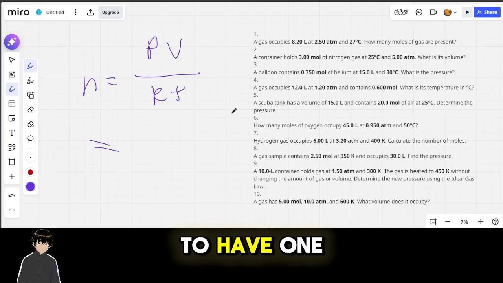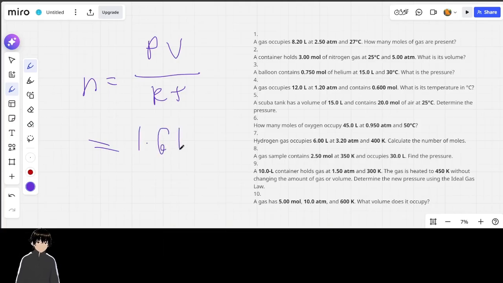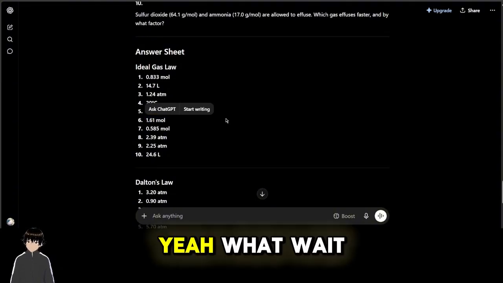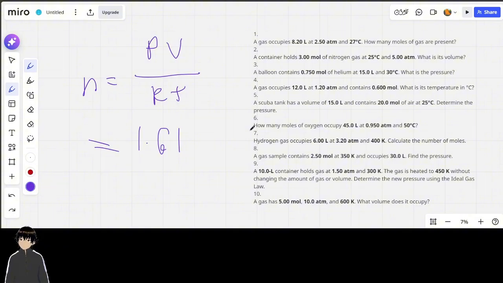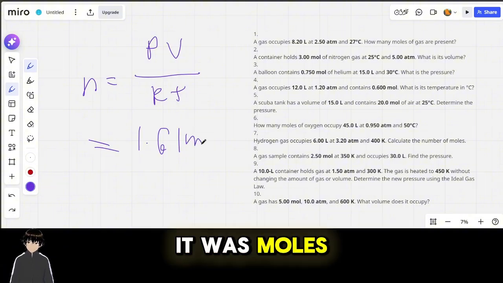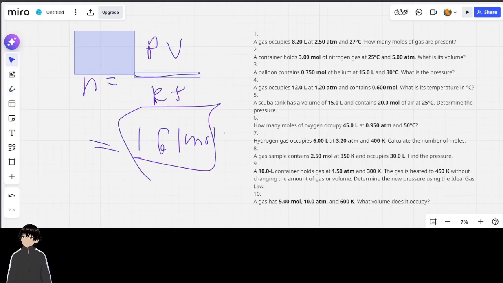We're going to have 1.61... wait, I forgot it was moles. So 1.61 moles.